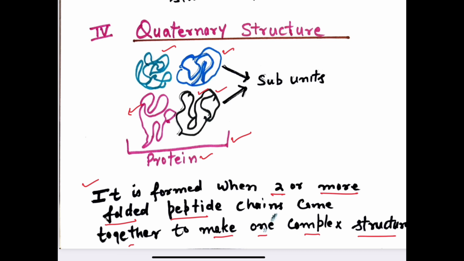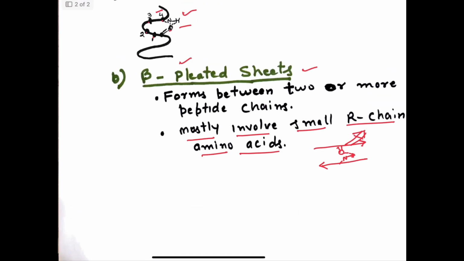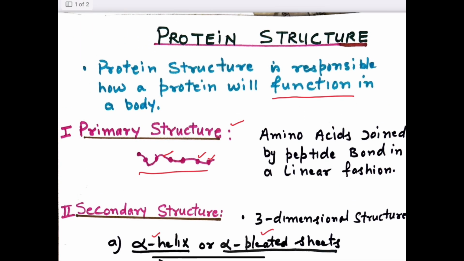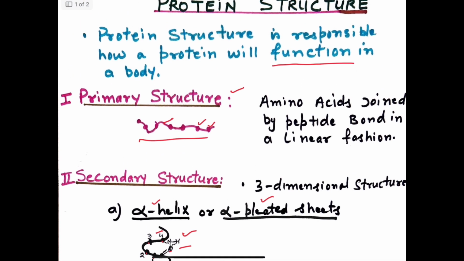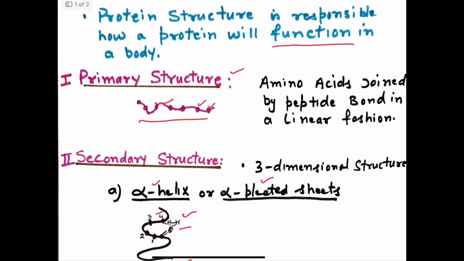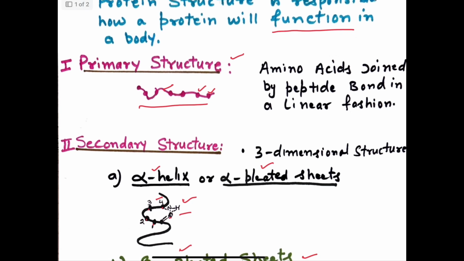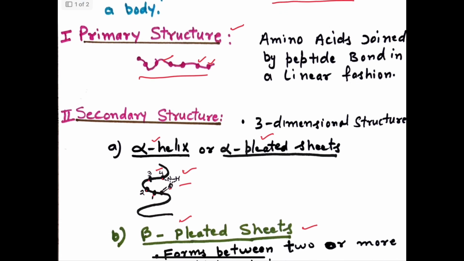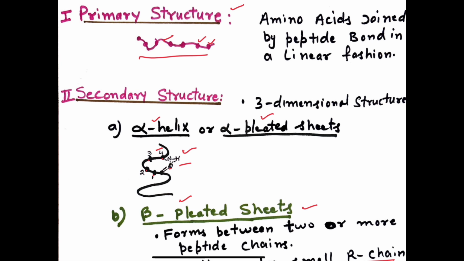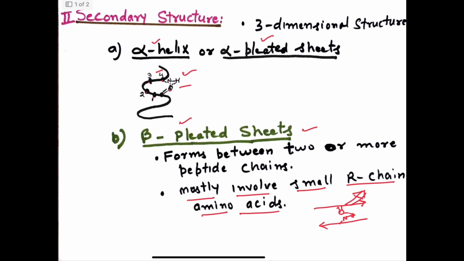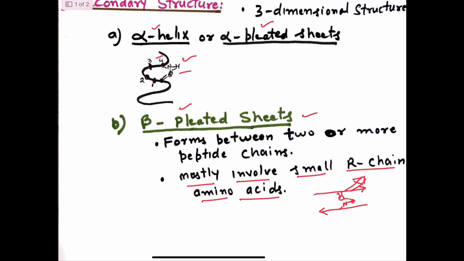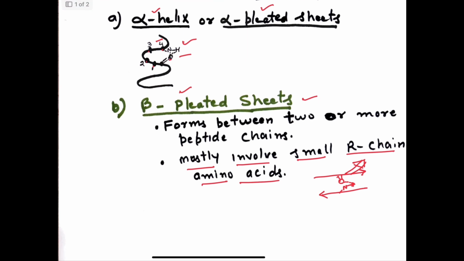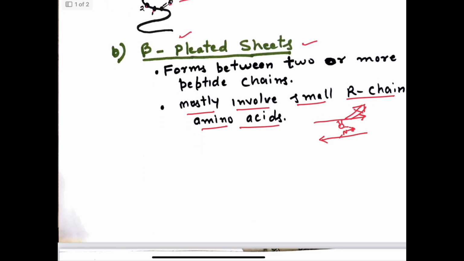So in this video, I will just summarize what we talked about. We did talk about how protein structure is responsible for making sure what function that protein is going to do in the body. So there's a primary structure in a linear shape. Secondary structure has two types of structure, alpha helix, alpha pleated sheets, and beta pleated sheets.